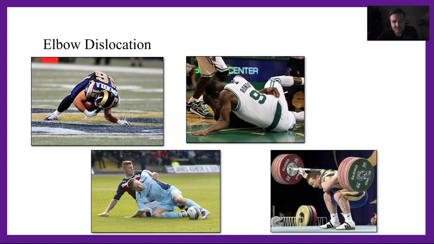However, these are athletes that are putting their bodies through extreme situations. They're landing on their arms with high forces. They're large individuals. I feel bad for the soccer player because it seems like he landed and maybe the other guy's knee forced him into a valgus moment. And of course the weightlifter, this is just extreme amounts of weight. Not only is his elbow doomed, but I hope his back and neck and everything's okay as well.